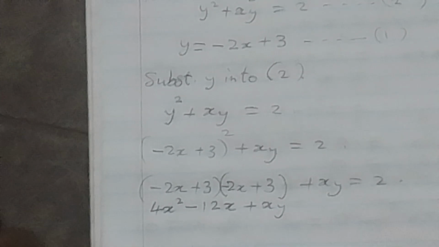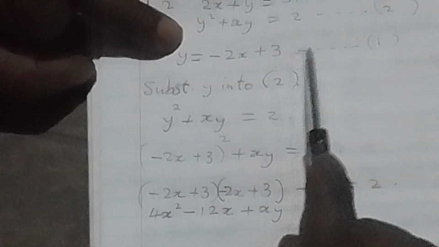A negative 6x and a negative 6x, I get a negative 12x plus xy. Oh, my y here, I did not put the minus. So wherever I see y, it's x multiplied by minus 2x plus 3 equals 2.